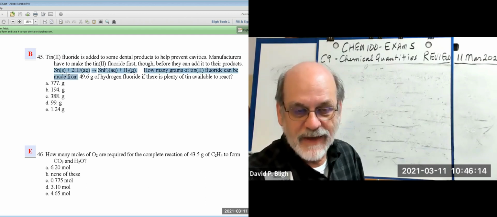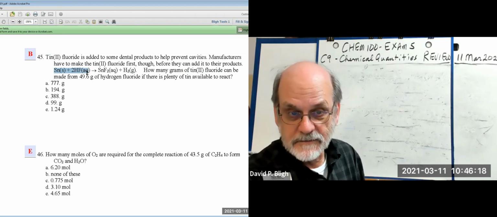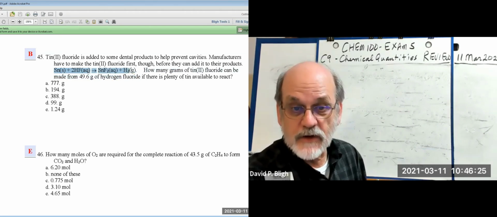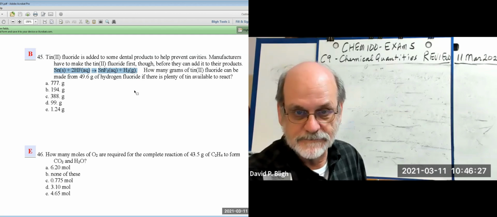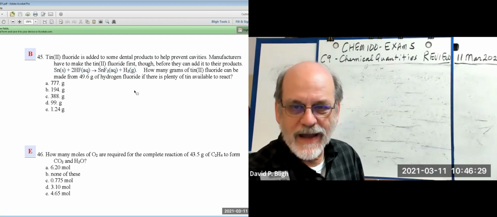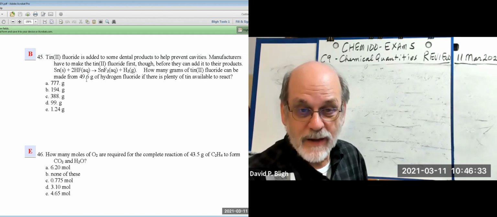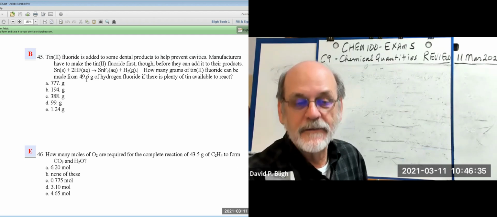They take tin metal and react it with hydrochloric acid, which is extremely aggressive. And it makes tin(II) fluoride, and it gives off hydrogen gas. Okay, how many grams of tin(II) fluoride can be made from 49.6 grams of hydrogen fluoride?